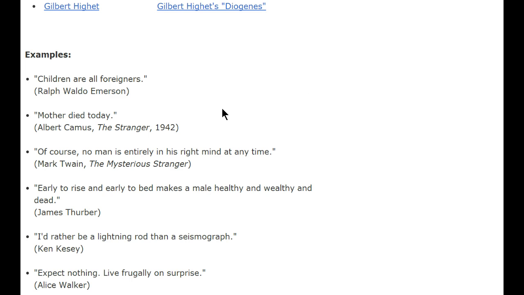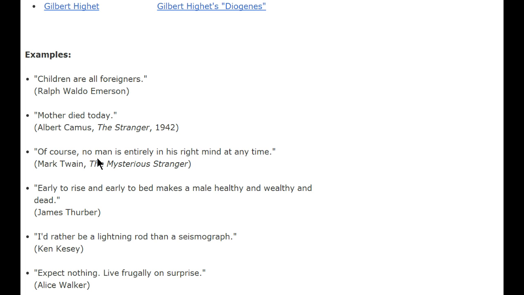Children are all foreigners. Subject, verb, and additional information that makes that sentence complete. It makes sense. We can understand that. Mother died today. Simple sentences.